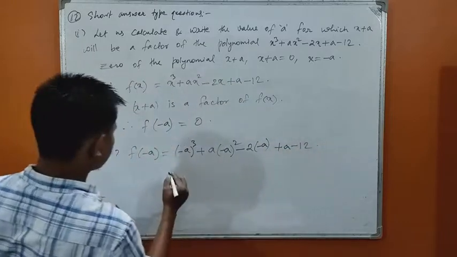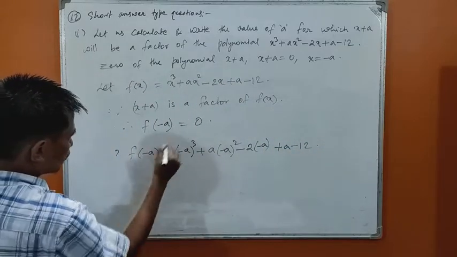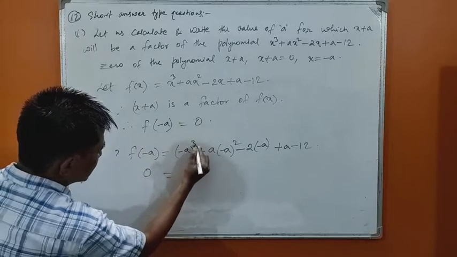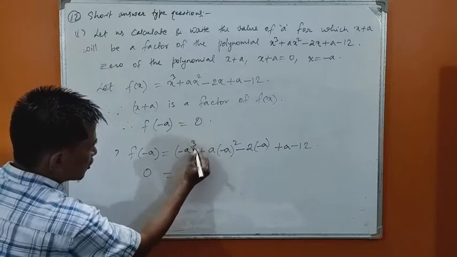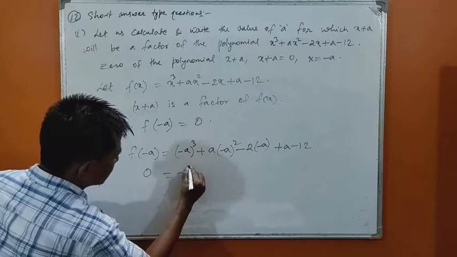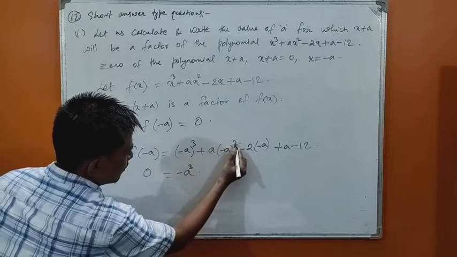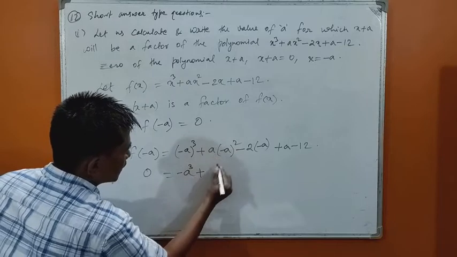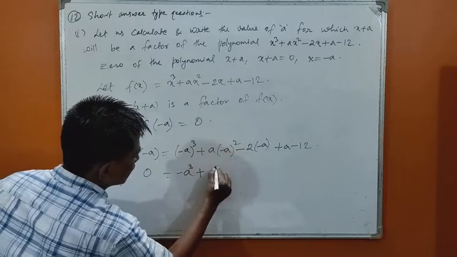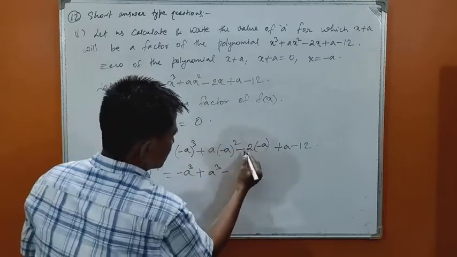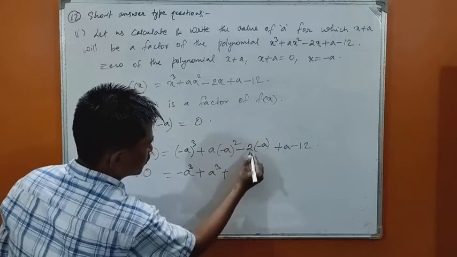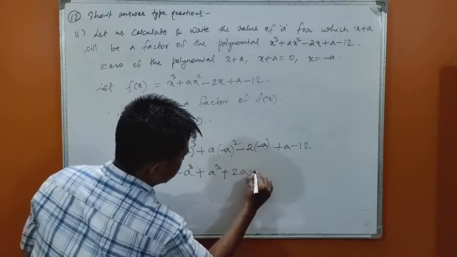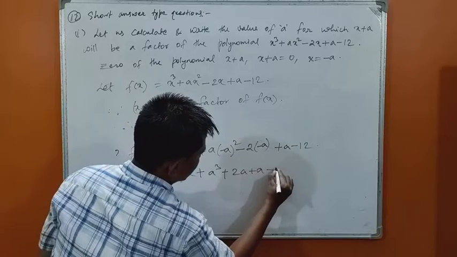Okay, f(minus a) is 0, so 0 equals minus a cube. Since the power is odd, the sign will remain minus a cube. Since the power is even, this sign will change to plus. Plus into plus is plus, a square into a is a cube. Minus into minus is plus, 2 into a is 2a, plus a minus 12.